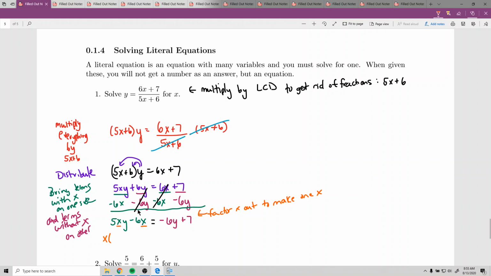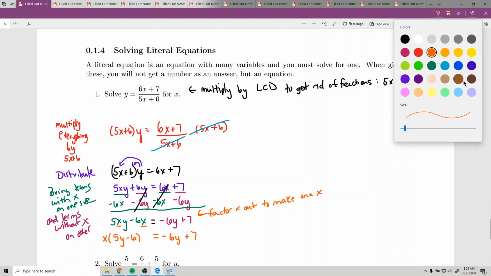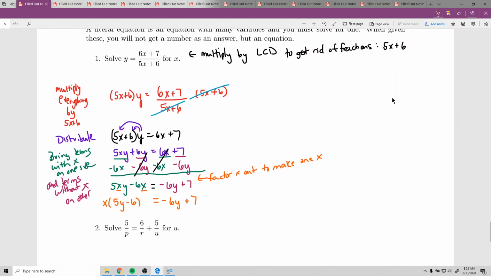When we take the x out on the left side, we get 5y minus 6. And on the right side, we didn't do anything because there's no x's there. And that is by design. And now you're actually only one step away. We have x times this thing equals this. If you want to get the x by itself, divide by the 5y minus 6.